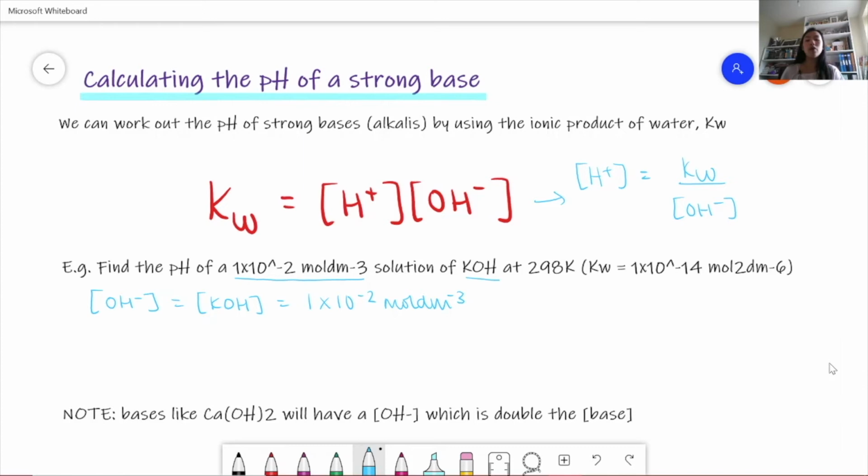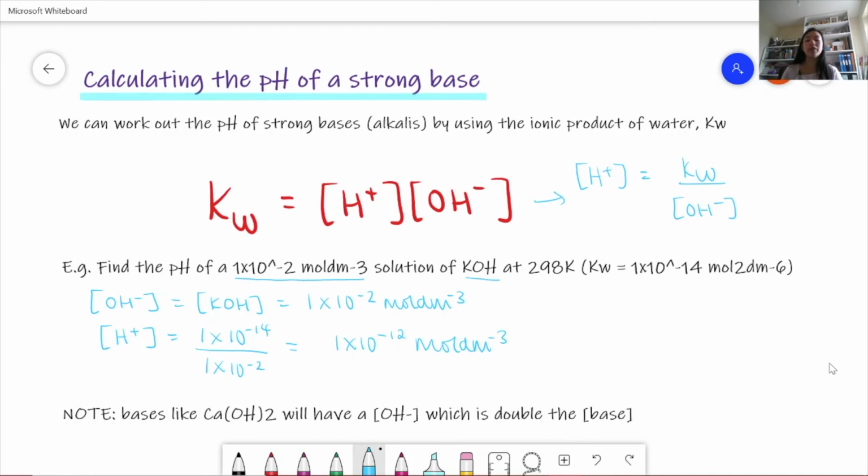Now we use this rearranged formula of the ionic product of water equation to work out the concentration of H+ ions. The concentration of H+ ions is equal to the Kw, which is 1 times 10 to the minus 14, divided by 1 times 10 to the minus 2. And that comes out to be 1 times 10 to the minus 12 moles per decimeter cubed.